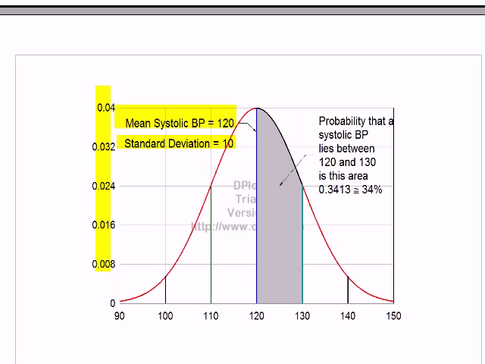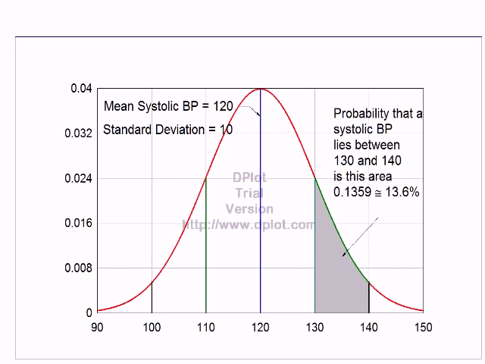If you want to know the probability that a systolic blood pressure lies between 120 and 130, that would be between the mean, because 120 is the mean, and the mean plus 1 standard deviation. This area is known as 34%. And here you'd be looking at the probability that the blood pressure was between the mean plus sigma and the mean plus 2 sigma, and that would be 13.6%.